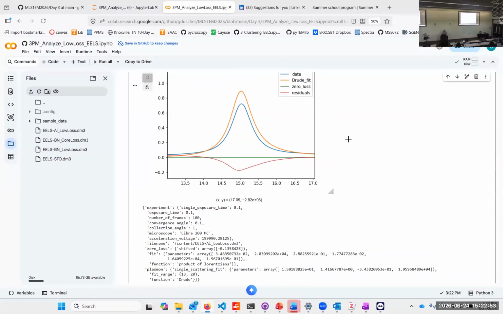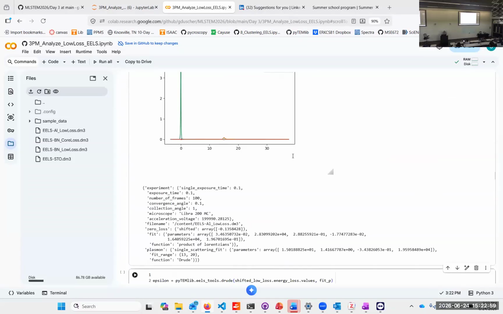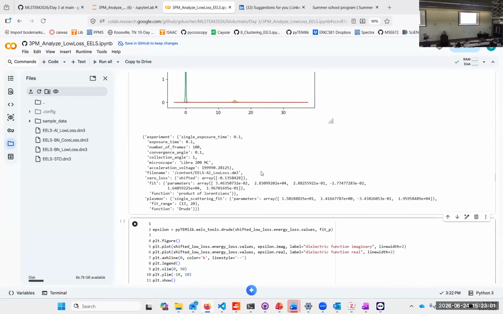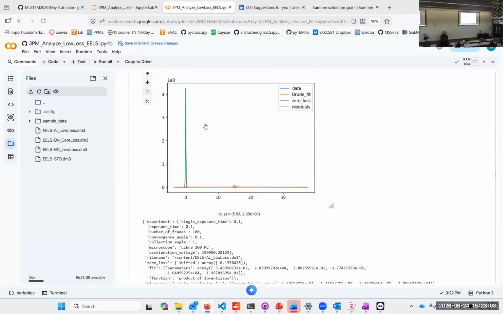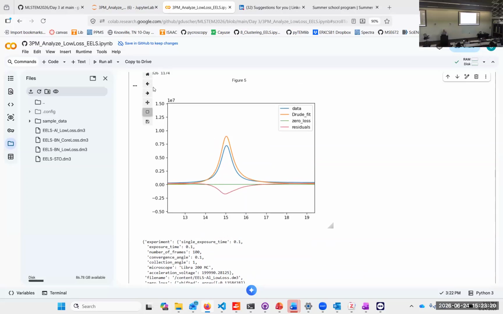But we get a good representation. I'm not sure what's going on. Let's try it again. Yeah, okay, so we have a small error here, but the good thing with these fits is you can always check the errors and know how much you can trust them.